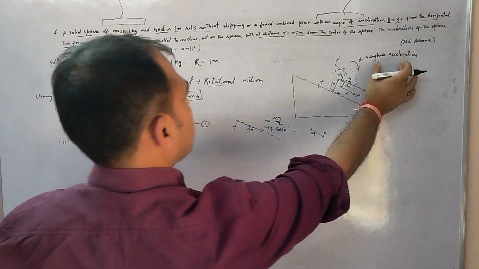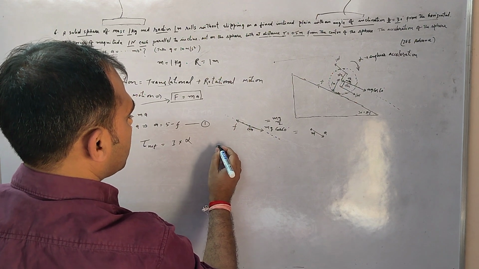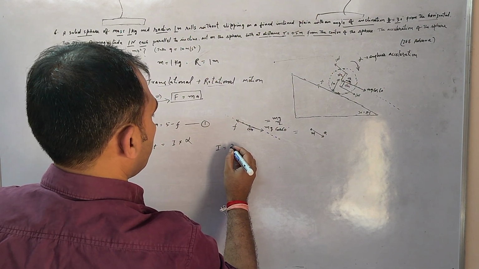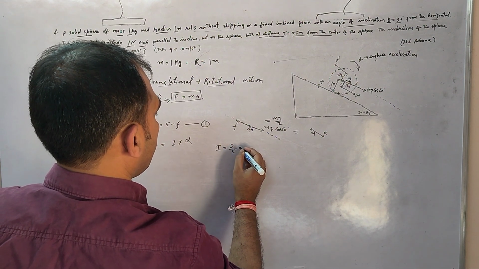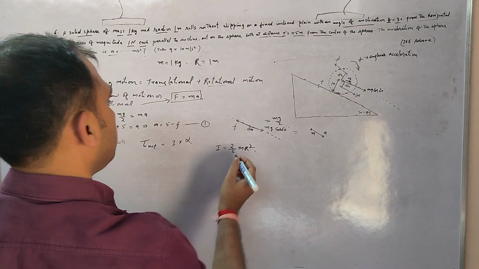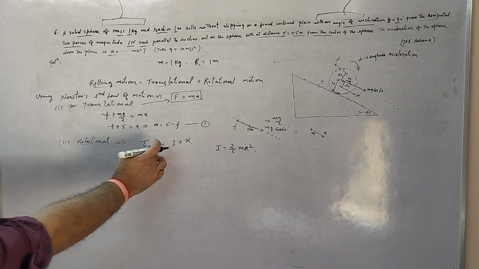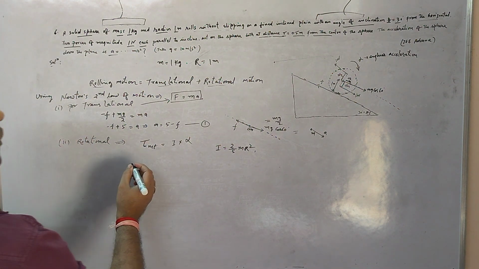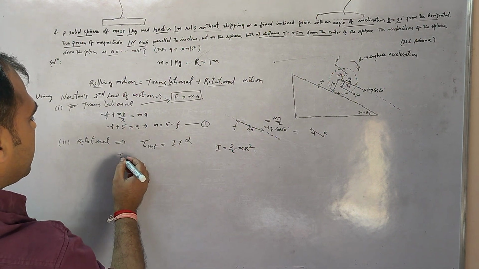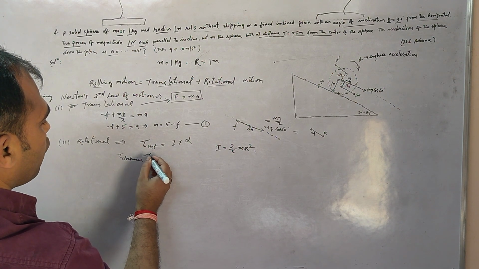Alpha is angular acceleration, I is moment of inertia, and the moment of inertia of a solid sphere around the center of mass will be 2 by 5 mr square. Now what will be the tau net? So this will be tau clockwise minus tau anti-clockwise.